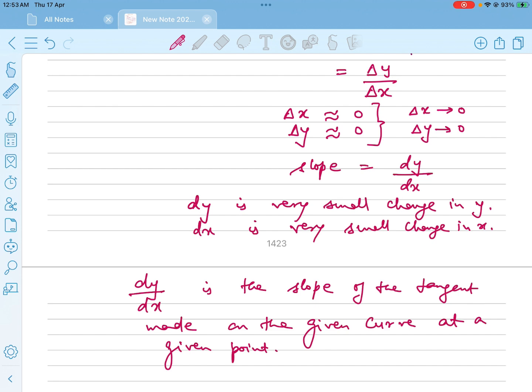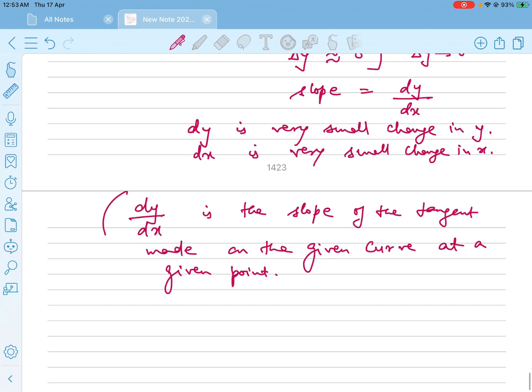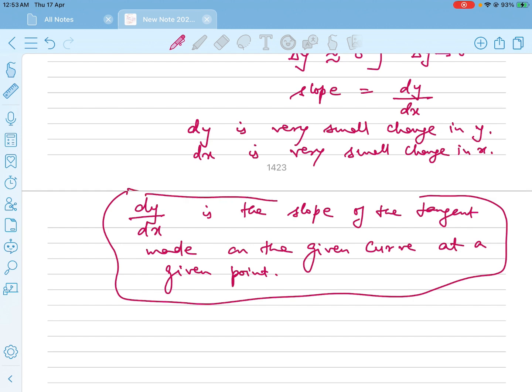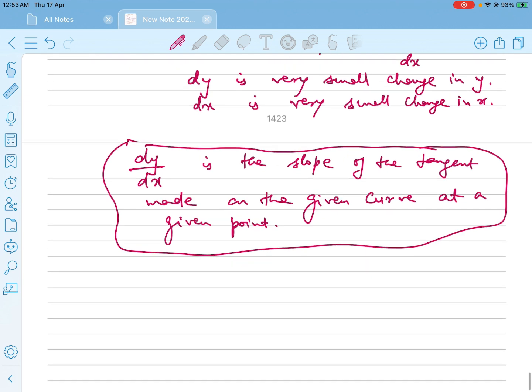Okay, so this is what we mean by differentiation. This is the meaning of differentiation, dy by dx. We spell it as derivative of y with respect to x. This is how we speak dy by dx.